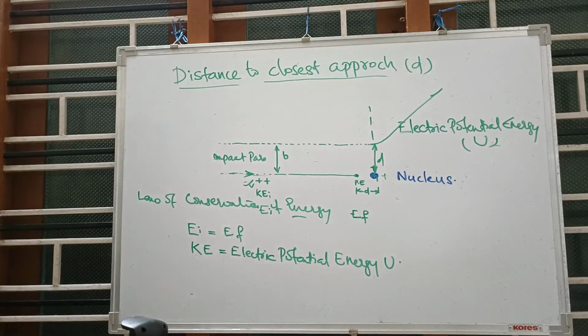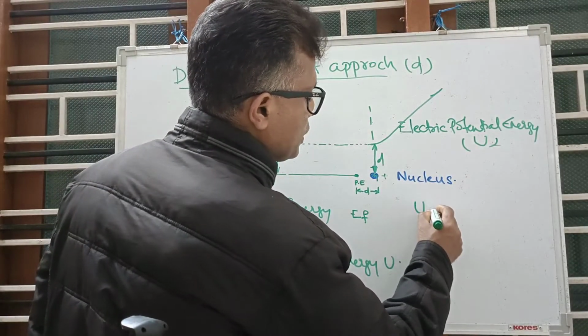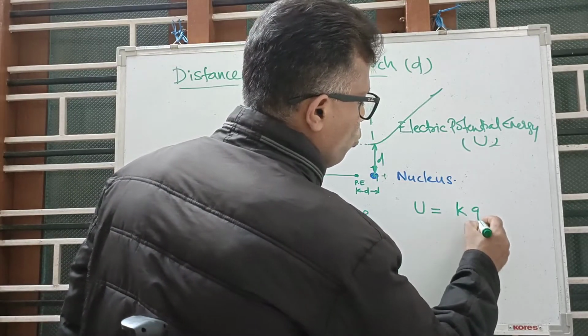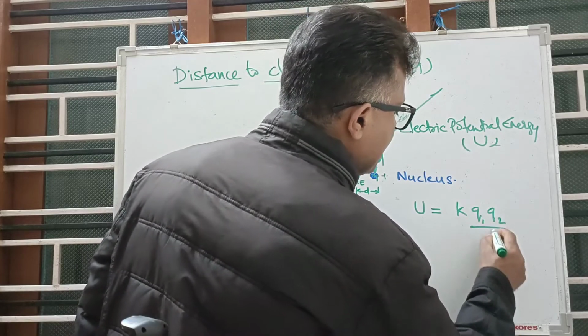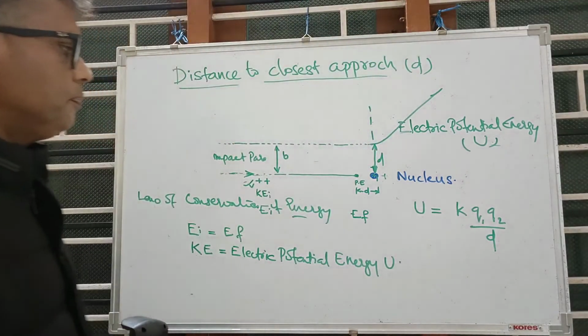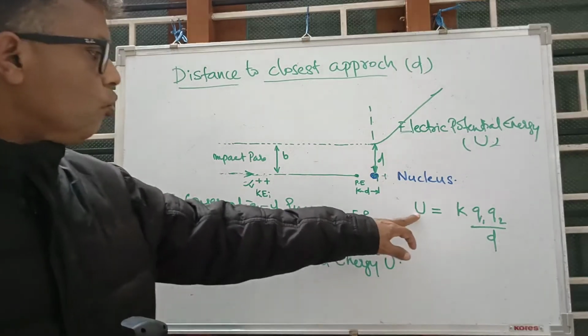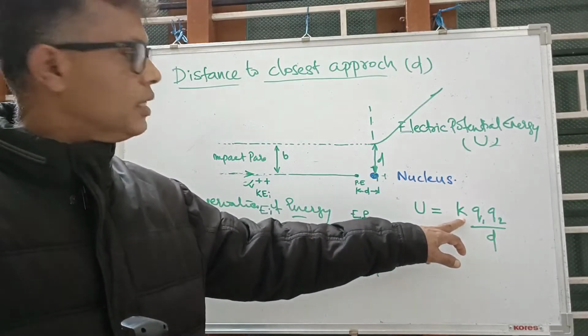Clear now? So, what is the potential energy U equation? It is K Q1 Q2 by D. So, electric potential energy is equal to K, which is a constant.